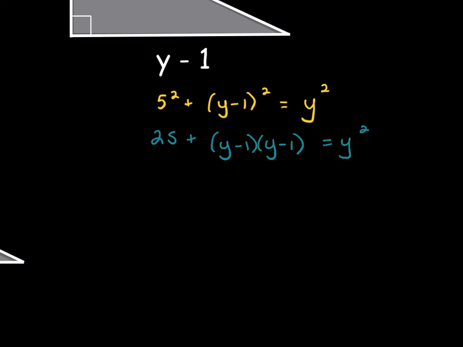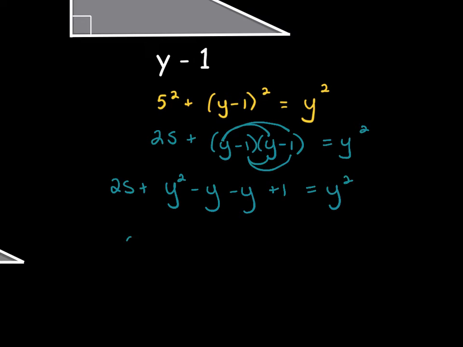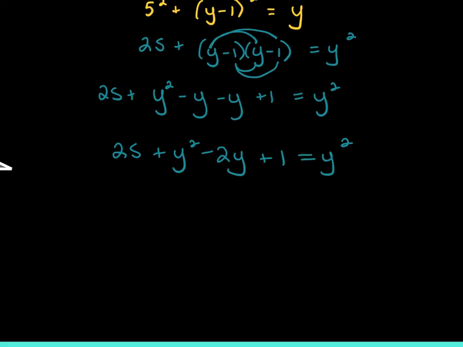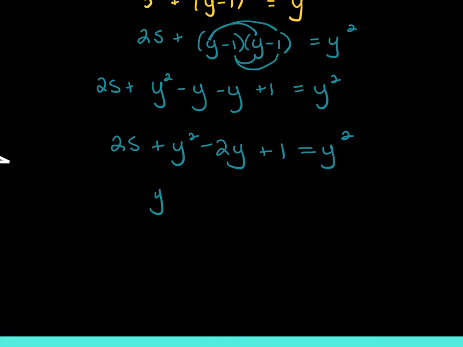So this is 25 plus, first, y squared, outer, negative y, inner, negative y, last, positive 1. Combine my like terms, I'd get y squared minus 2y plus 26 equals y squared.